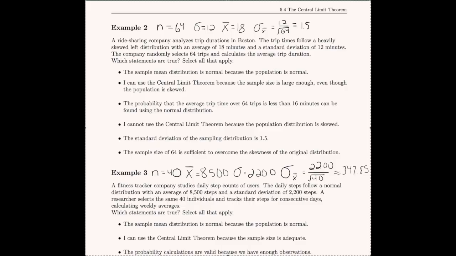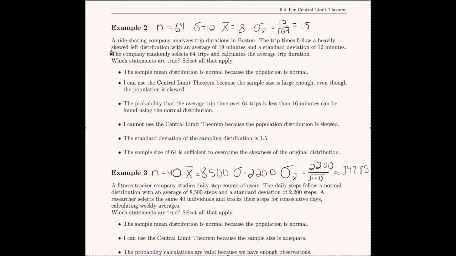So it says here that the company randomly selects the 64 trips. So because they're randomly selected, we know that they're independent. They're different riders from different trips. Now, can we use the central limit theorem here?